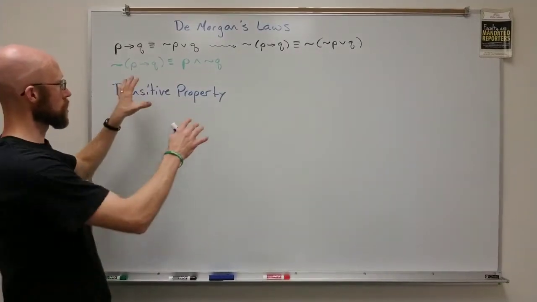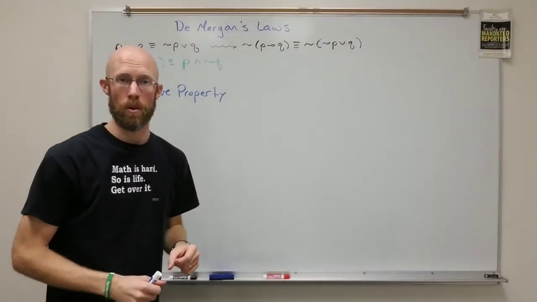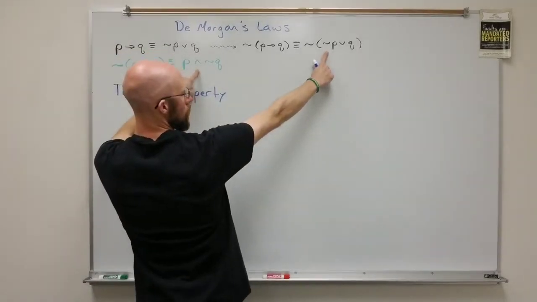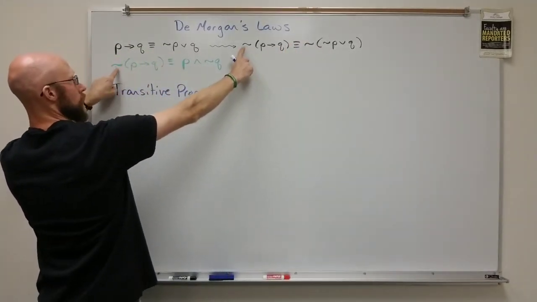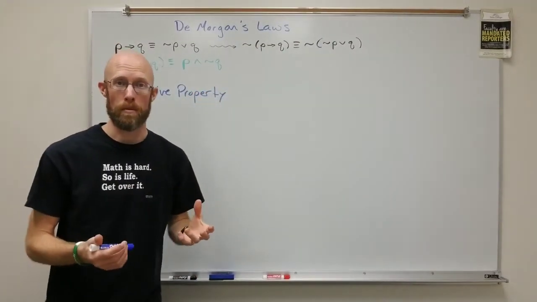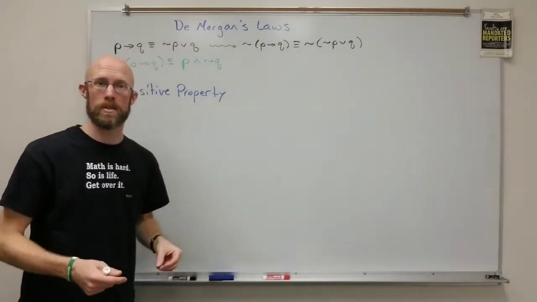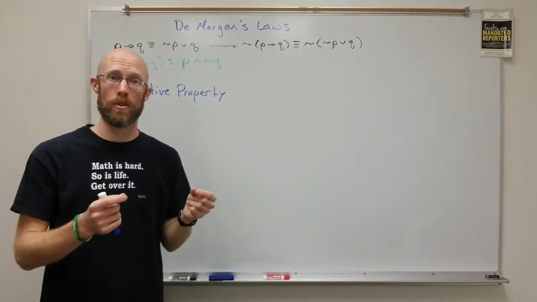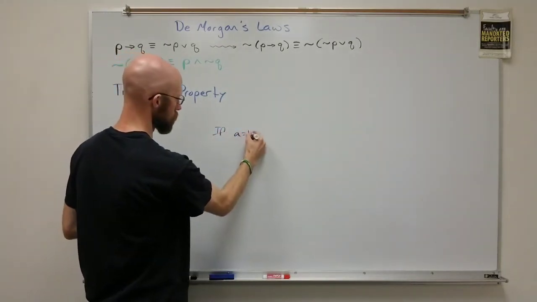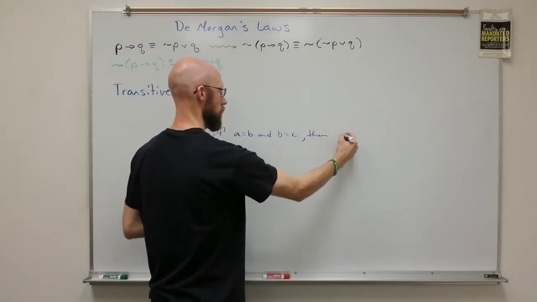And so what's interesting is if you look at this with an overview here, you have two different statements that are both equivalent to the negation of the conditional statement, okay? So the transitive property applies. You have the transitive property in mathematics and logic. Basically, it says if two things are equal to a third, they're equal to each other, right? In algebra, we would say if A equals B and B equals C, then A equals C, right?